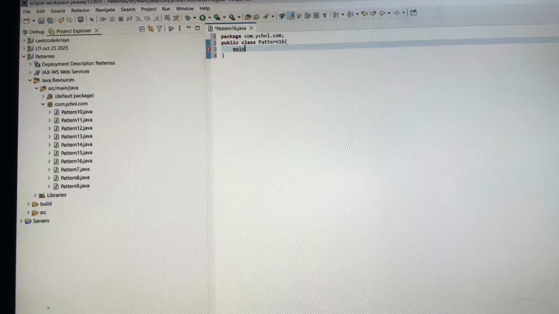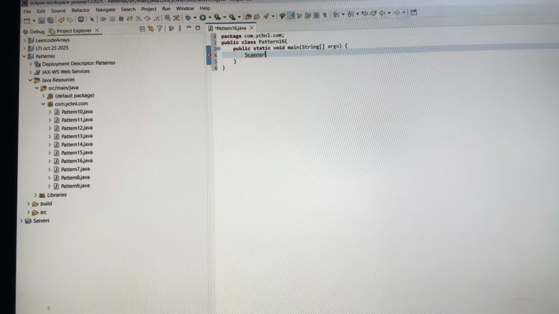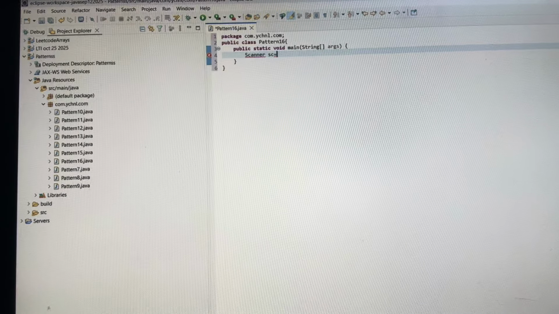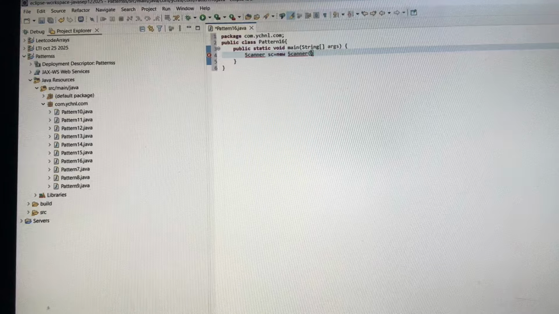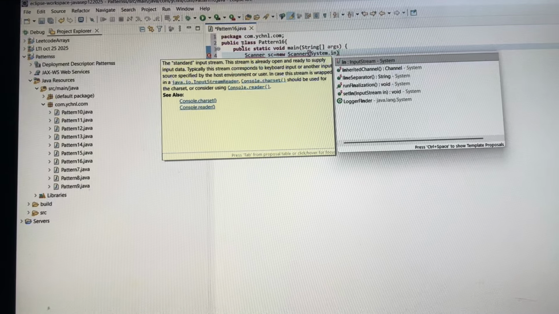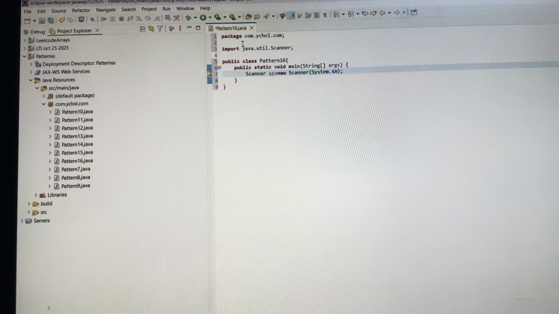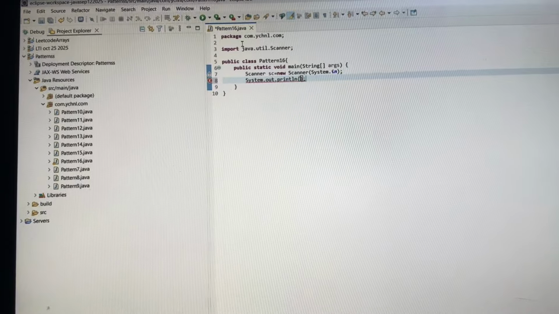Okay, I'm writing the main method. After that, I'm writing the Scanner class to read the input from the keyboard. We have to take the number of rows from the keyboard, right? So that's why I'm taking System dot out, so we have to print the statement in the console, right?